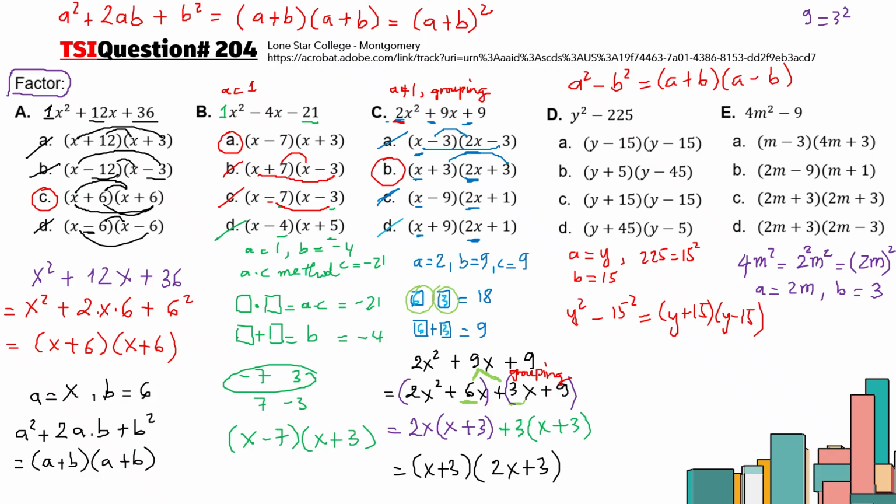Now I rewrite it: 4m squared minus 9 becomes 2m all squared minus 3 squared. Now apply: a is 2m, so 2m plus 3 times 2m minus 3. So E is the correct answer: 2m plus 3, 2m minus 3.